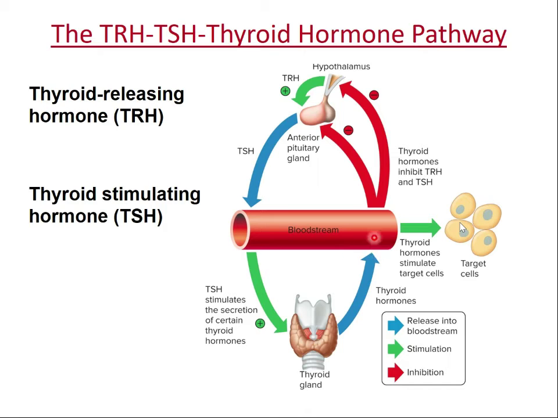So when there is thyroid hormone in the bloodstream, these thyroid hormones come back and have a negative feedback mechanism saying, okay, now there is enough levels, stop producing TRH and TSH. So this is the thyroid hormone pathway that includes the hypothalamus, anterior pituitary and thyroid gland, and the negative feedback mechanism shown here.